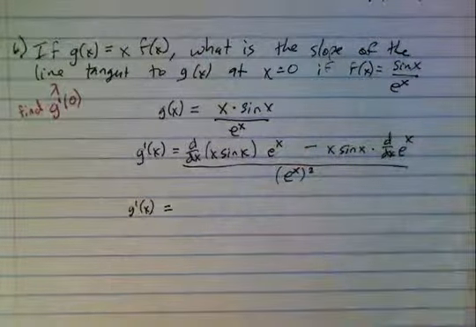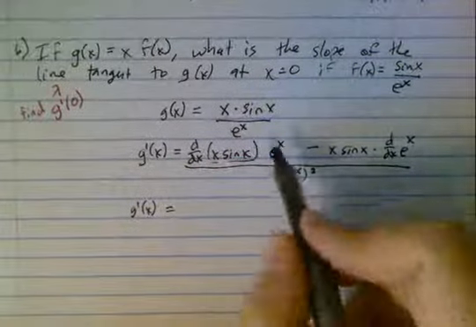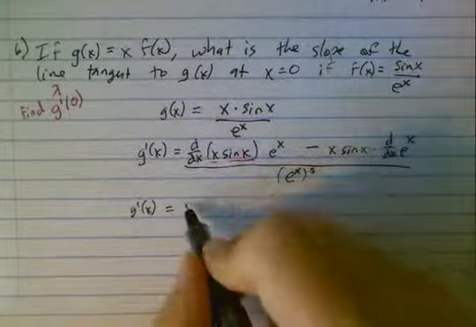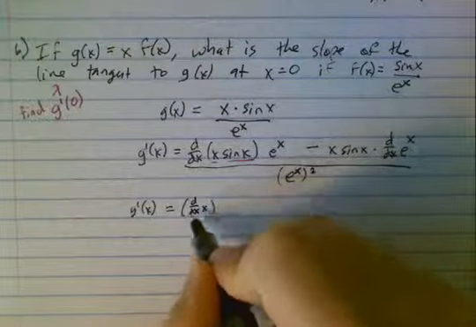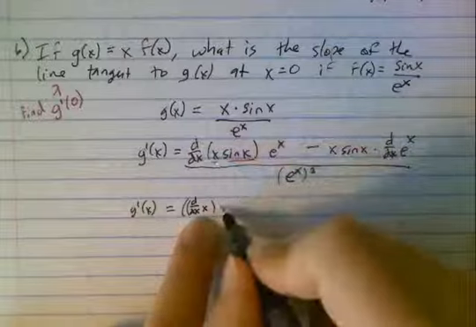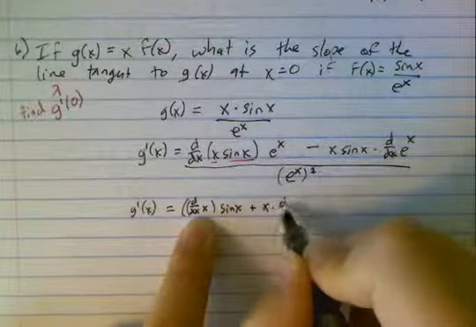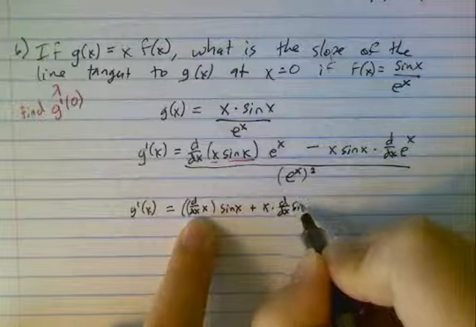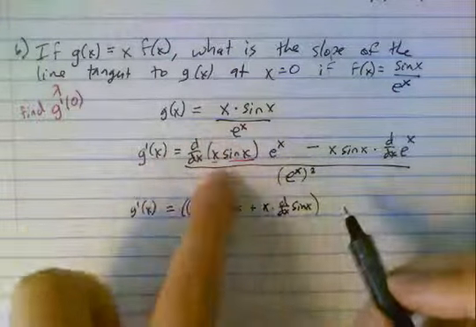Now notice we have a product rule right here. So inside this whole thing we're going to have the derivative of the first times the second plus the first times the derivative of the second. That whole thing is just this little piece right here.